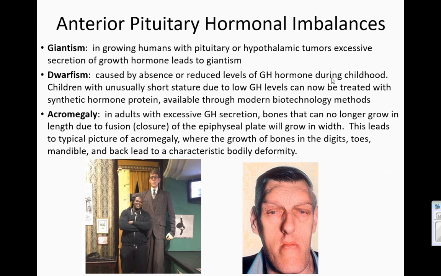Unfortunately, there are conditions that can develop as a result of anterior pituitary hormone imbalances. And I've got a couple figures down here at the bottom demonstrating 2 of these 3 imbalances.